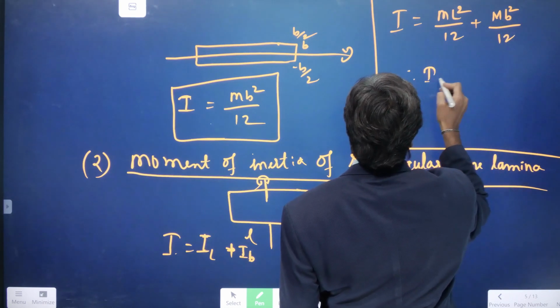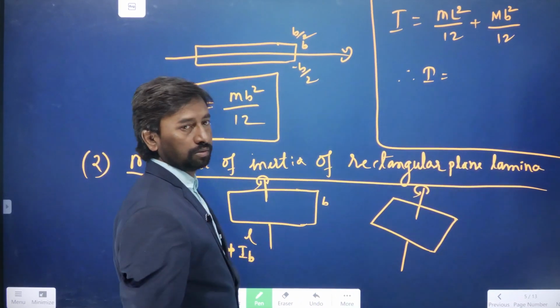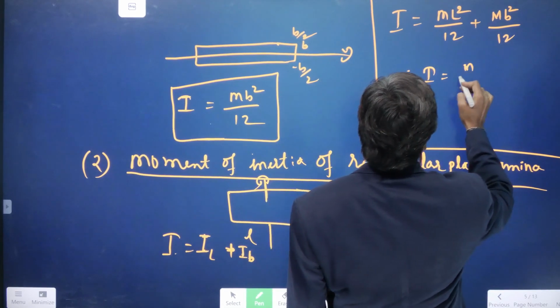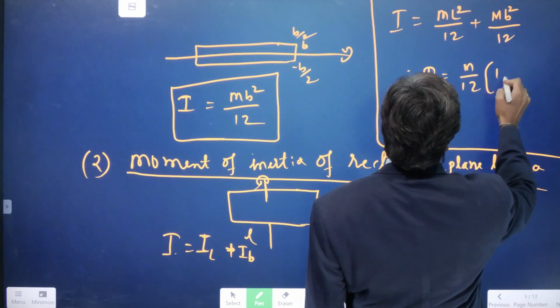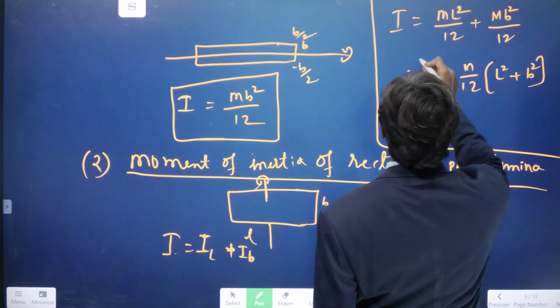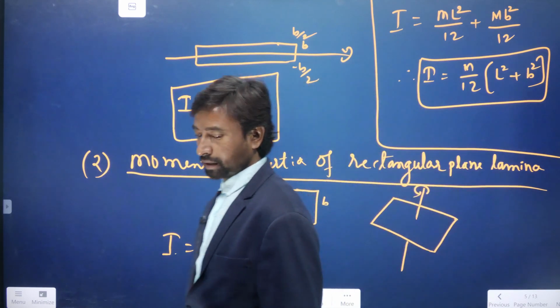Therefore, the moment of inertia of the rectangular lamina perpendicular to its surface can be written as m by 12 into (L square plus B square). This is the moment of inertia of the rectangular surface.